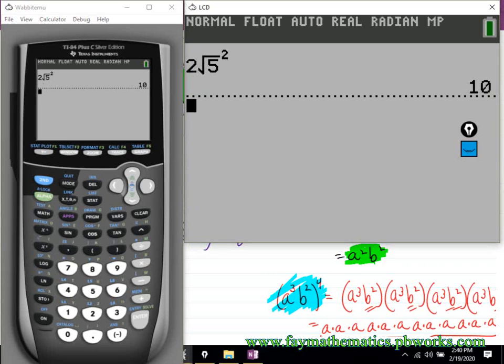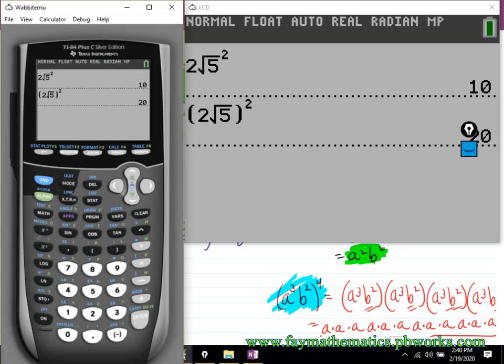Because what's happening is that you're squaring this radical 5, but you're not squaring the 2. If I were to do this correctly, I need to have a set of parentheses on my calculator, like this, and now square it that way, and there you can see that you get your 20. Does that make sense? Okay.